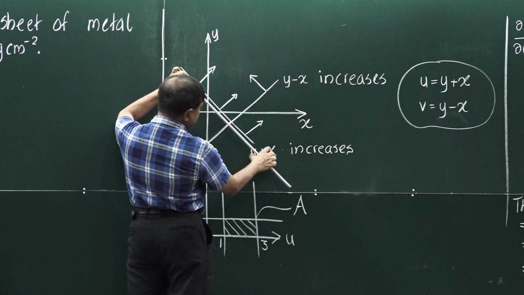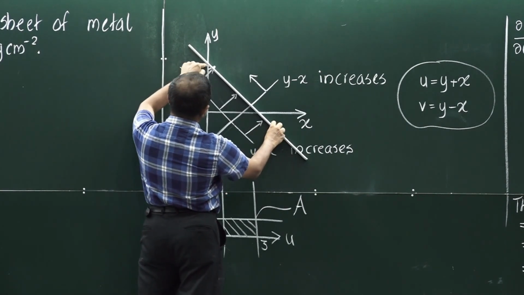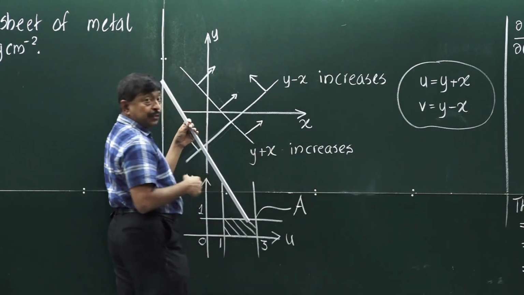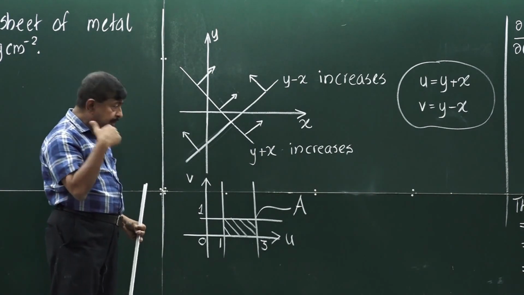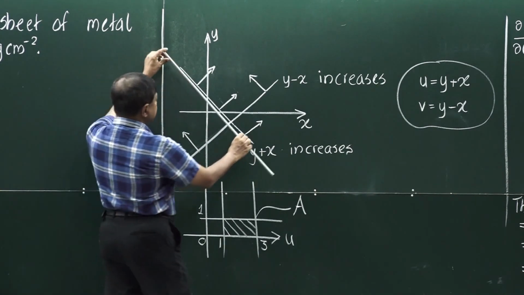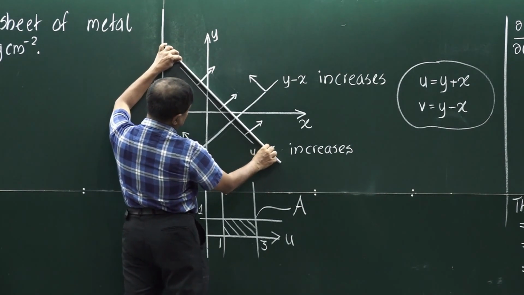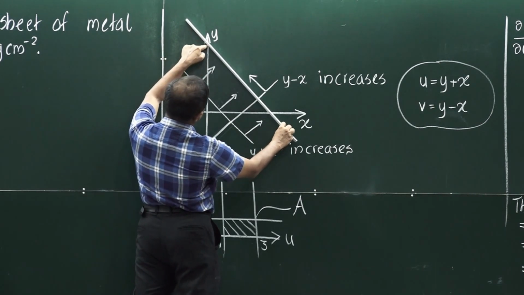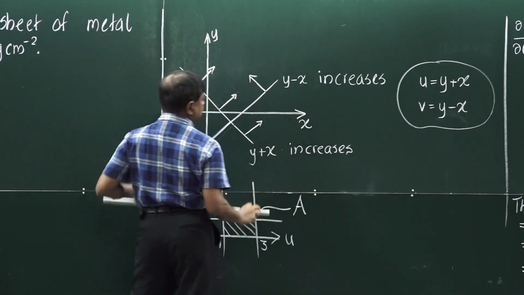If you want to increase y plus x, you have to move this way, so that you increase the intercept, because y plus x is equal to c. Even though you stay parallel to this line, the intercept goes up like this. Therefore, y plus x increases when you move in this direction.